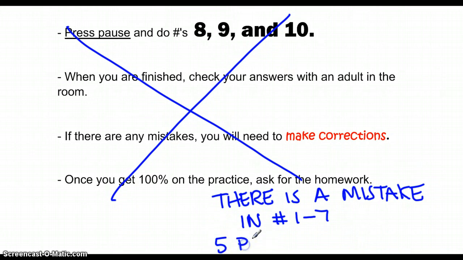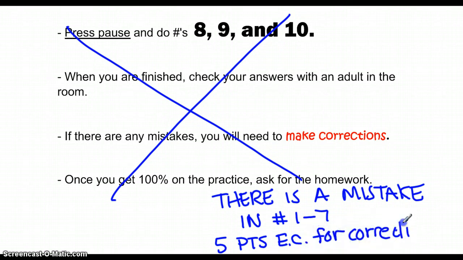So 5 points extra credit for correcting the mistake. So I ran out of room, so we're going to stop there. So again, there's one mistake in one of the problems, 1 through 7. I'm not going to tell you which problem. If you can find the mistake and correct the mistake, you will get 5 points extra credit for doing that.